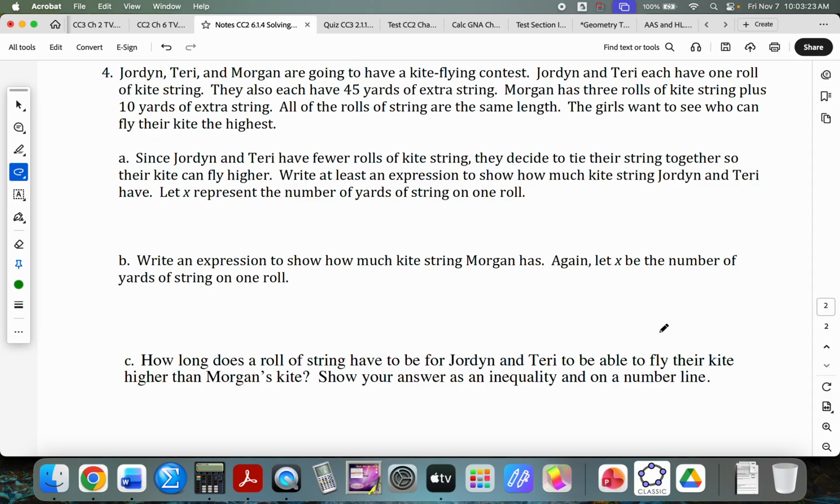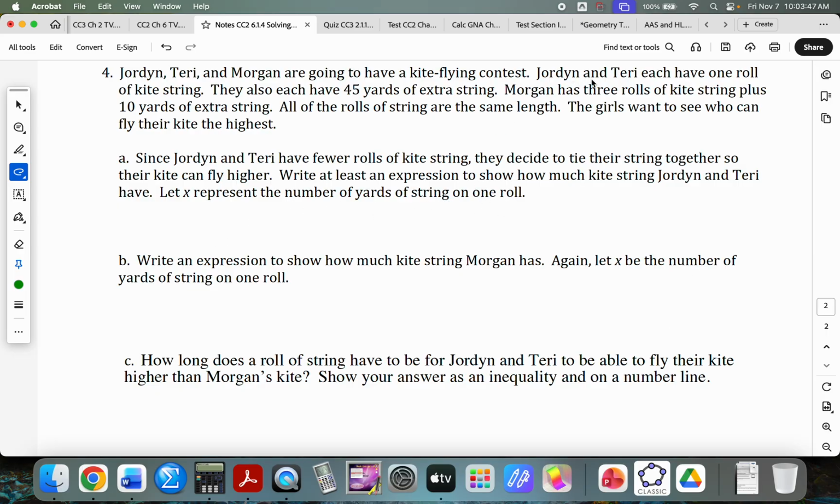So, since Jordan and Terry have fewer rolls of kite string, they decide to tie their string together so their kite can fly higher. Write an expression to show how much kite string Jordan and Terry have. Let X represent the number of yards of string on 1 roll.